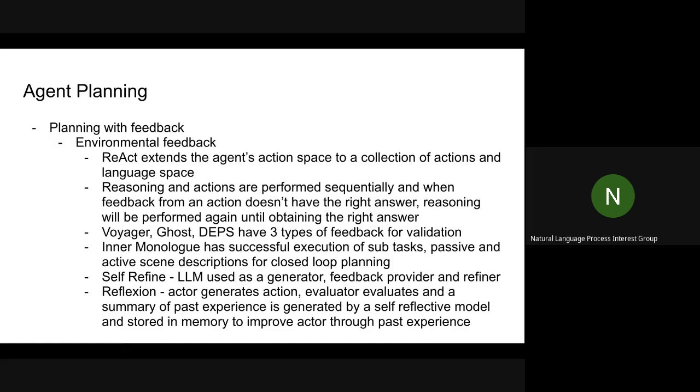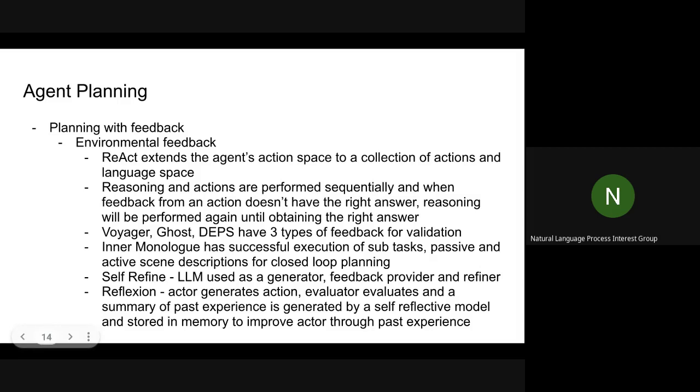So for environmental, as I said, ReAct extends the agent's action space to a collection of actions and language space. Reasoning and actions are performed sequentially, and when the feedback from an action doesn't have the right answer, reasoning will be performed again and again until it is convinced that it has found the right answer. And then Voyager, Ghost, DEPS, I mentioned that. So Inner Monologue is another paper, and it has a successful execution of subtasks. So these are the three main things that it evaluates on before determining that the task was a success.